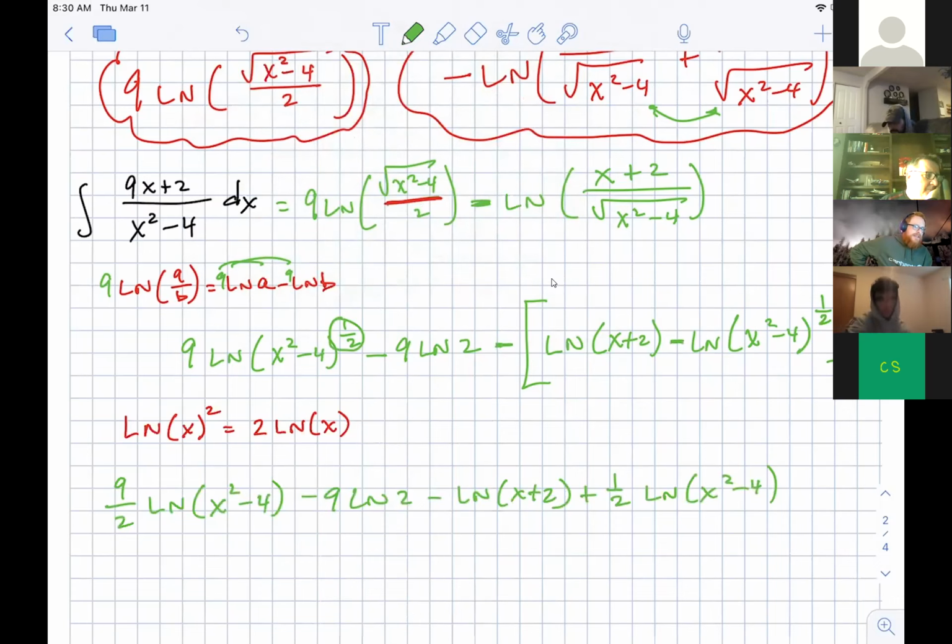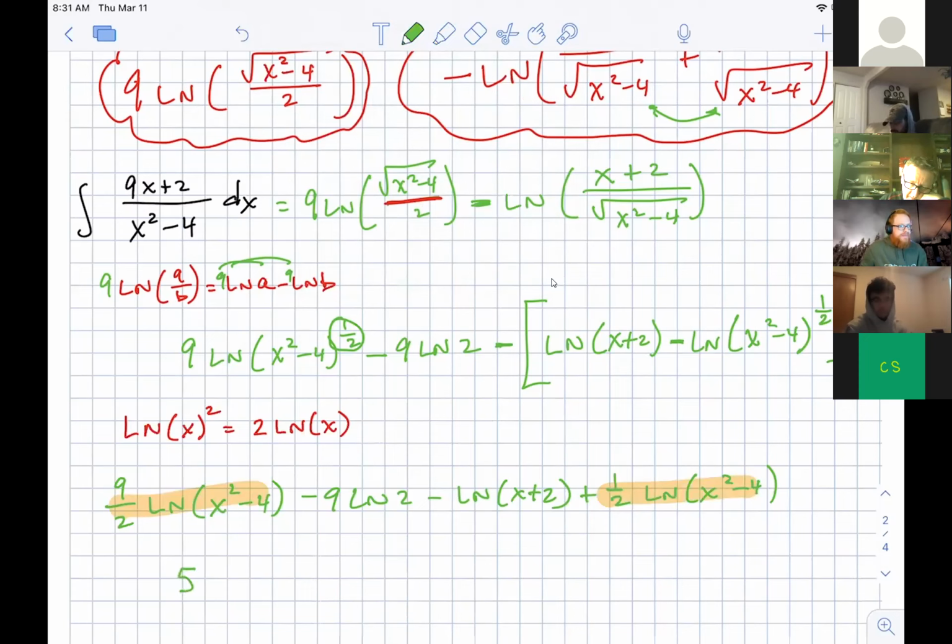Can I do anything with that? You can add it to the 9/2. That's exactly right. In other words, these two terms are exactly the same term, aren't they? So if you have 9/2 of that plus 1/2 of that, isn't that 10/2 or 5?